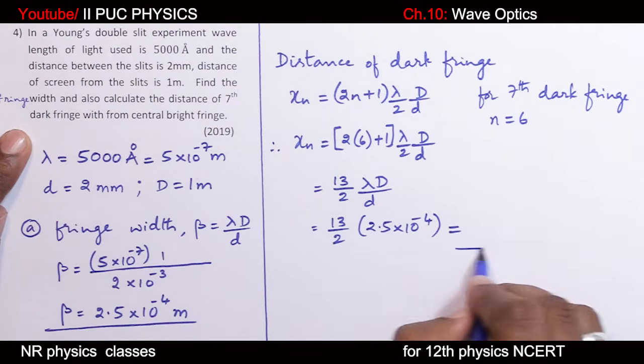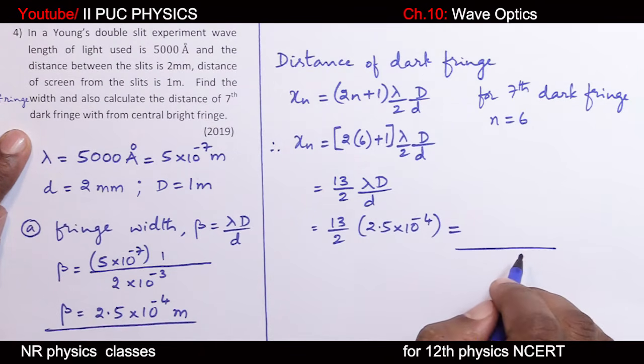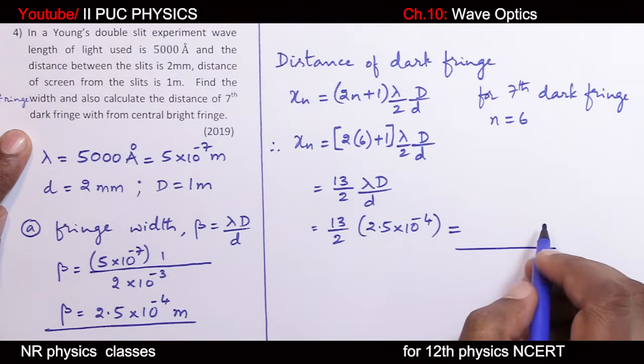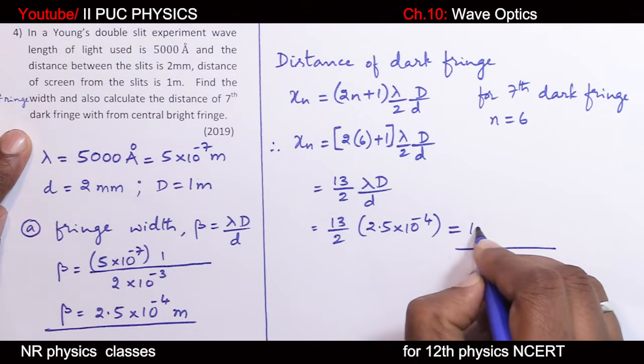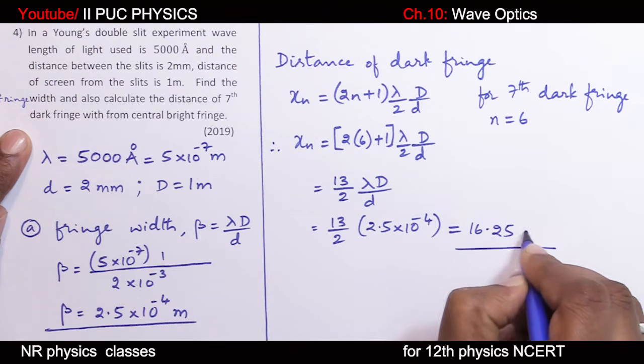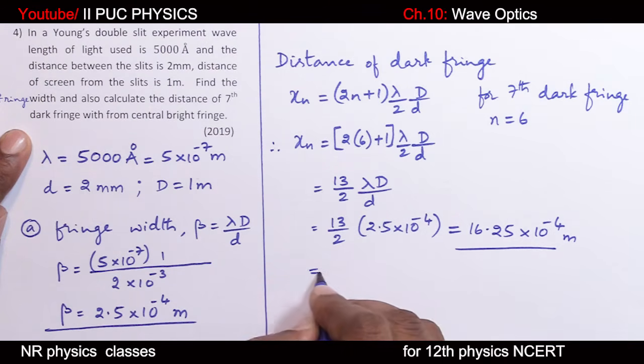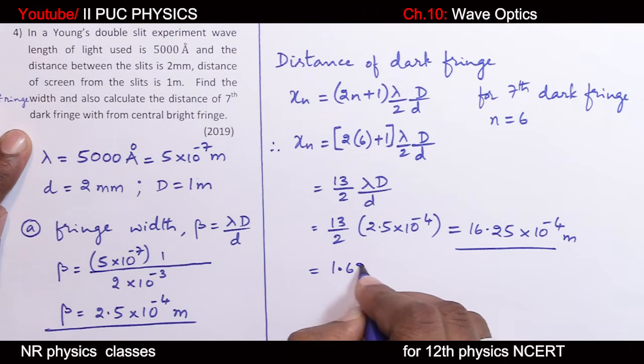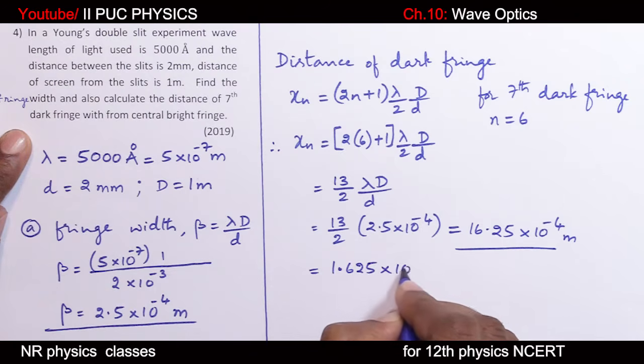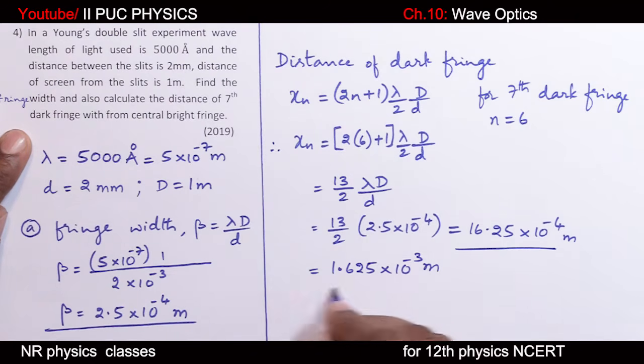So it equals 16.25 into 10 power minus 4 meter, or 1.625 into 10 power minus 3 meter.